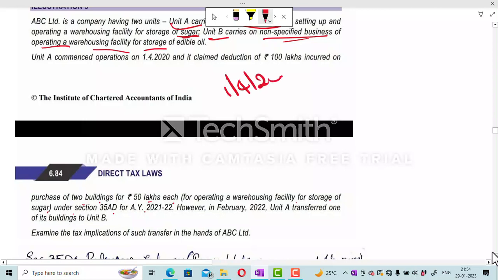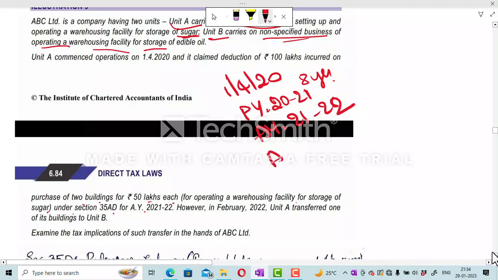See, on 1/4/20 it purchased that building and it should use it for 8 years. What is the previous year? 2021, assessment year 21-22.